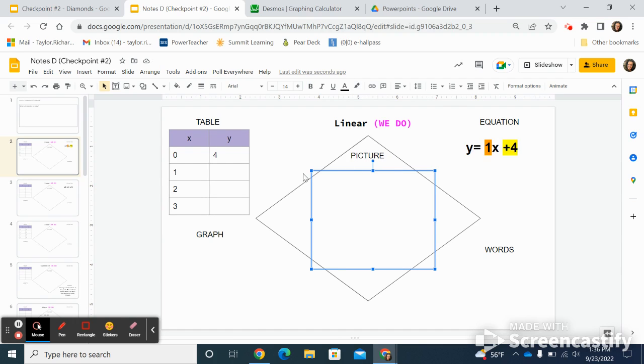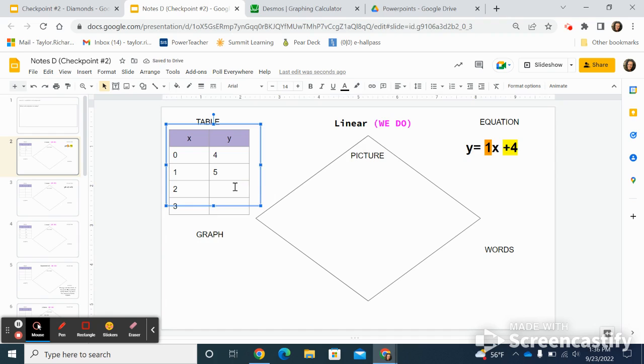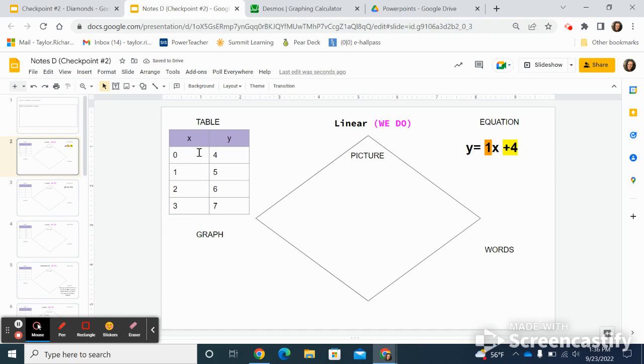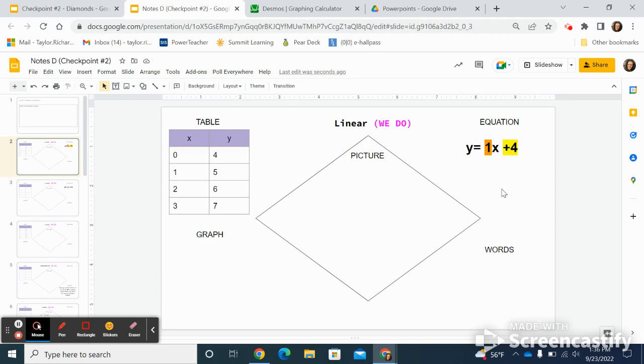So that's telling you how your numbers are changing. So I start at 4. Then I'm going to be going up by 1. So that goes 5. Then I'm going to be going up by 1 again, 6. Then my last one, 7. Okay, so this table right now matches this equation because I have a starting value of 4, and then it's going up by 1. Okay?